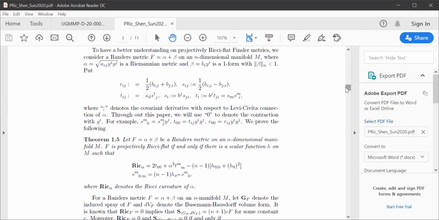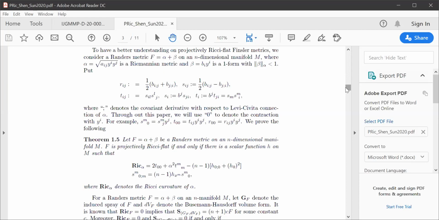So this is about the paper. The main purpose of this paper is to emphasize a point and introduce the notion of projective Ricci-flat, because I saw a paper before by a couple of people. They still use Finsler metrics only, and use the volume form which is associated with the Finsler metric, the Busemann-Hausdorff volume form, and then the corresponding G hat and its Ricci curvature.